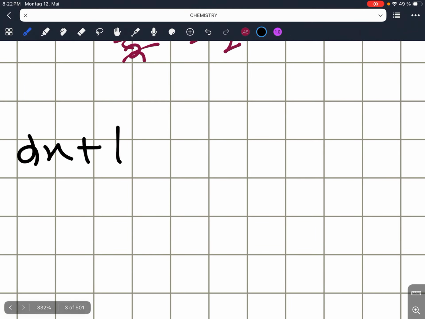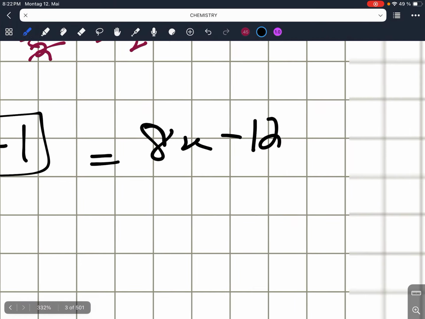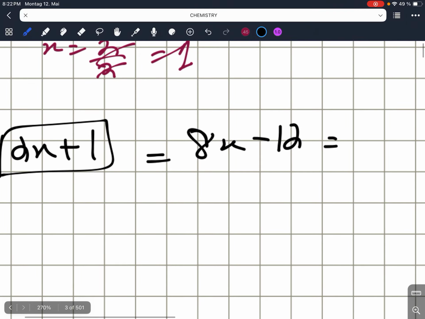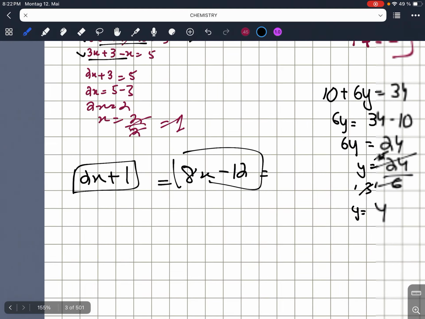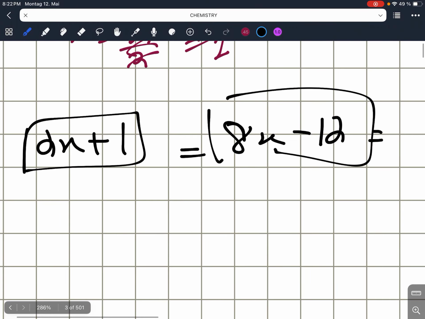I can give you a guess: for instance, they'll probably give you 2x plus 1, and then ask, using this equation, what does 8x minus 112 equal? So it might ask you stuff like that, which can be very confusing, and that is something we are going to explore further.